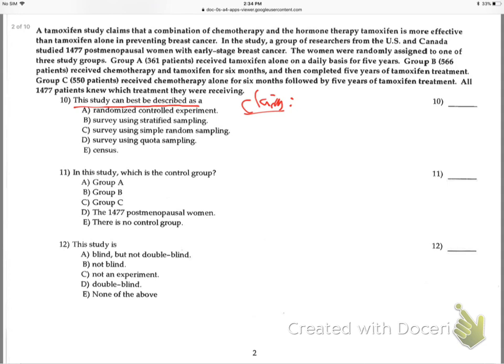Well, in the same way, in these little medical things they're doing, pay attention to the claim. The claim is the main thing. What is their claim here? Here are the most important words: what do they claim? That the combo of chemo and hormone therapy, tamoxifen, is more effective. The claim, let me just briefly write it: combo better.